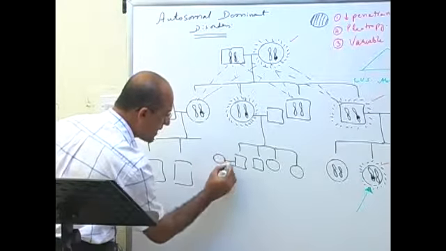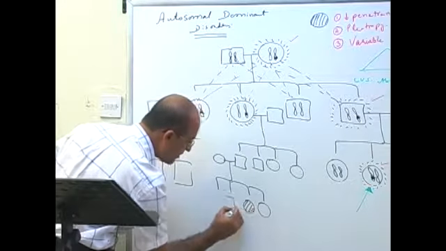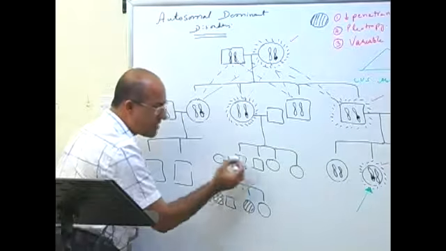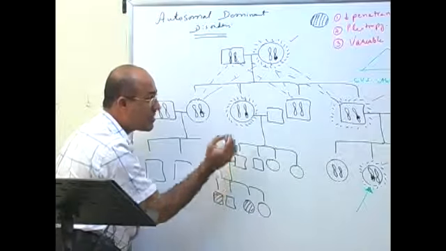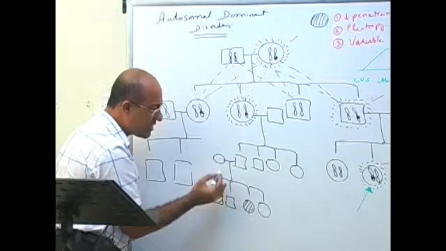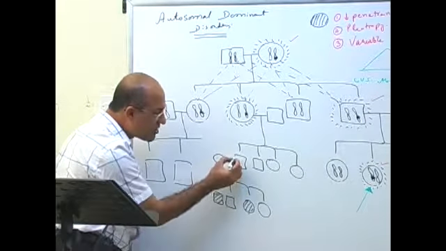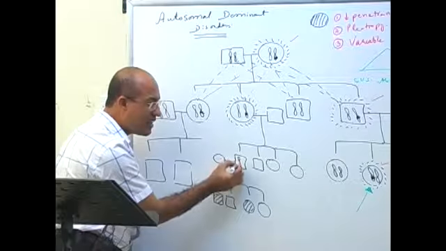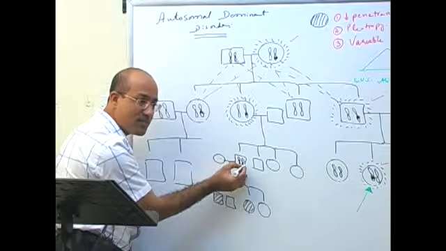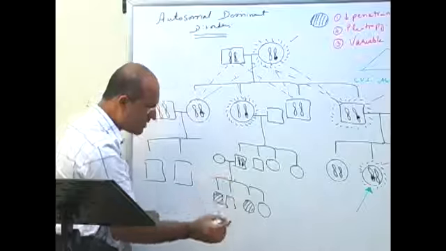Now this person marries this one, and two of them are affected. Now disease is not present in this generation, but disease is present above and present below. What is this phenomenon? Reduced penetrance. Why? Because this person must be having the defective allele, but did not manifest the abnormal phenotype. So, reduced penetrance.